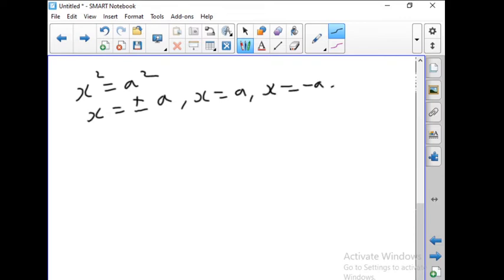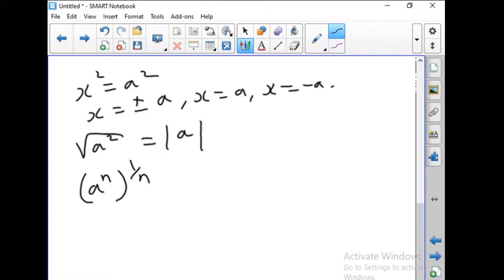Two solutions it has. But root of a square is always equal to modulus of a. Remember this always. And note that a power n the whole power 1 by n, n and n will get cancelled, so it is equal to modulus of a when n is even.